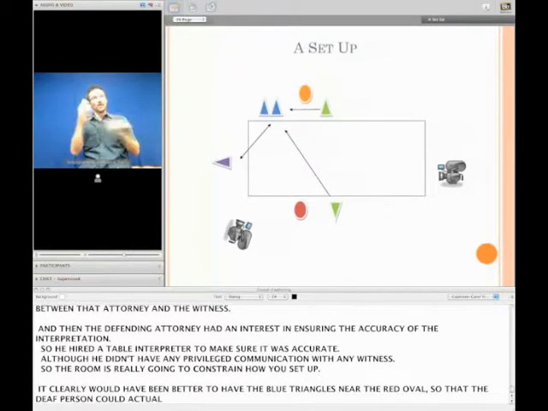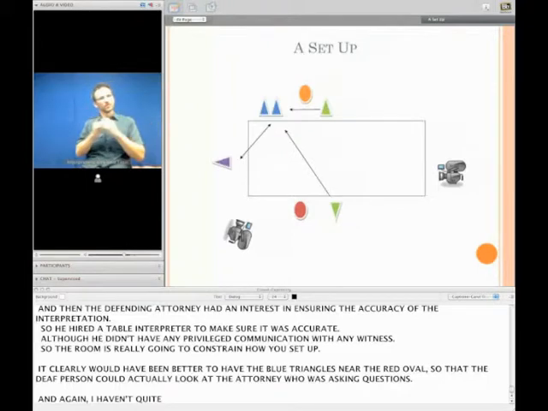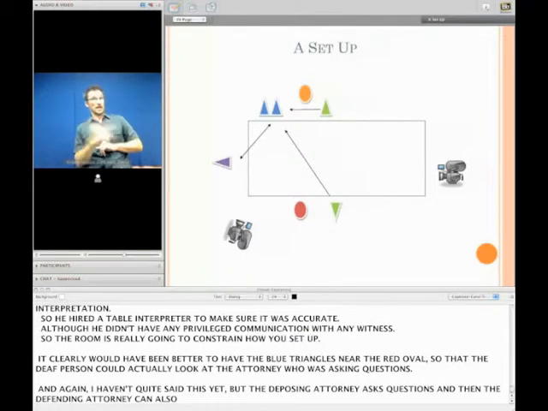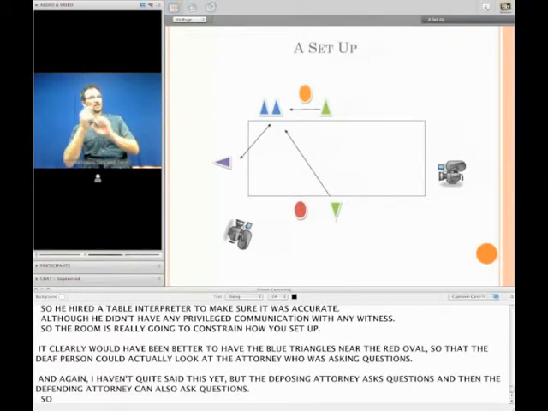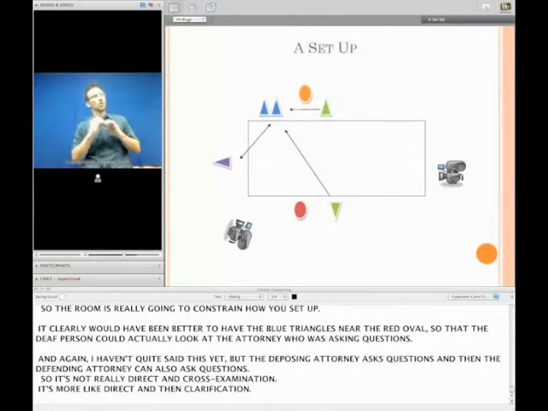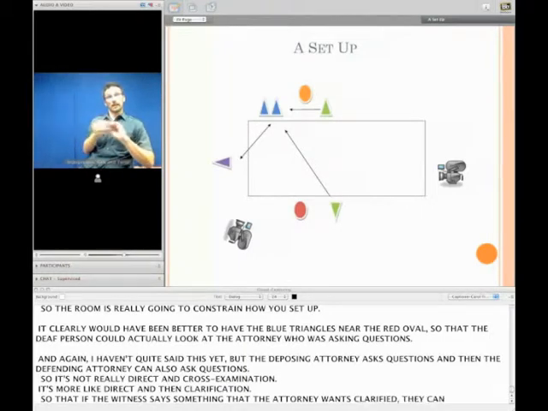And again, I haven't quite said this yet, but the deposing attorney asks questions, and then the defending attorney can also ask questions. So it's not really direct and cross-examination. It's more like direct and then clarification. So that if the witness says something that the attorney wants clarified, they can do that on their turn.